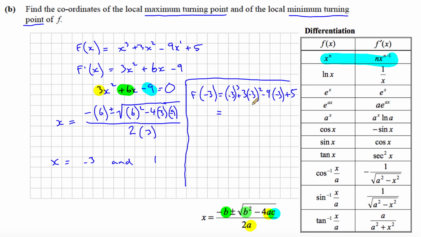I put all of this into my calculator and I get 32. So that means one of the coordinates is minus 3, comma 32.